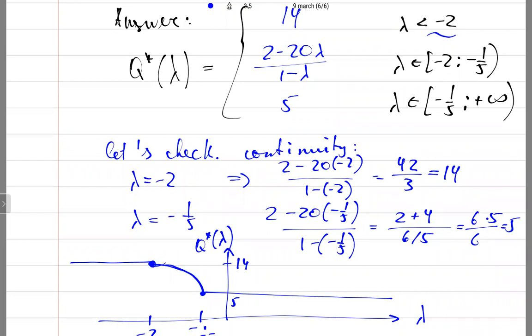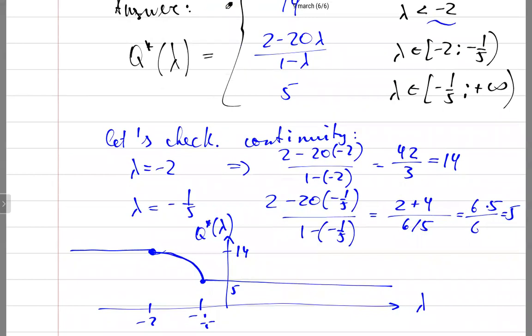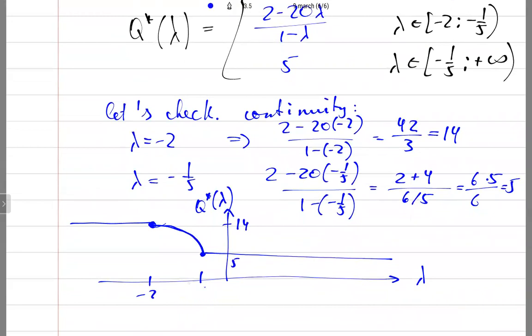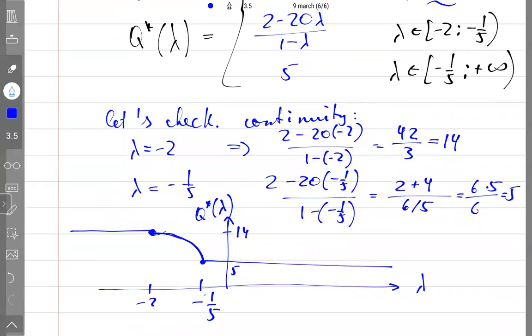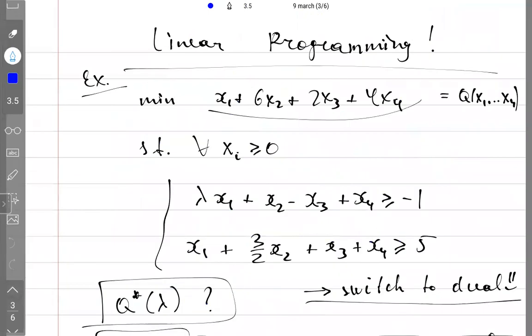Any questions? Yes, I have a question. So how do we know that y1 and y2 should be bigger than 0? Where do you mean? It was like in the first part, when we switch to the new variables.